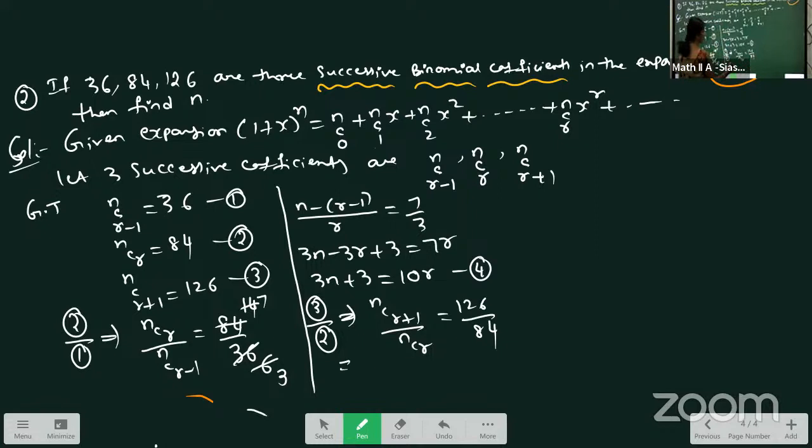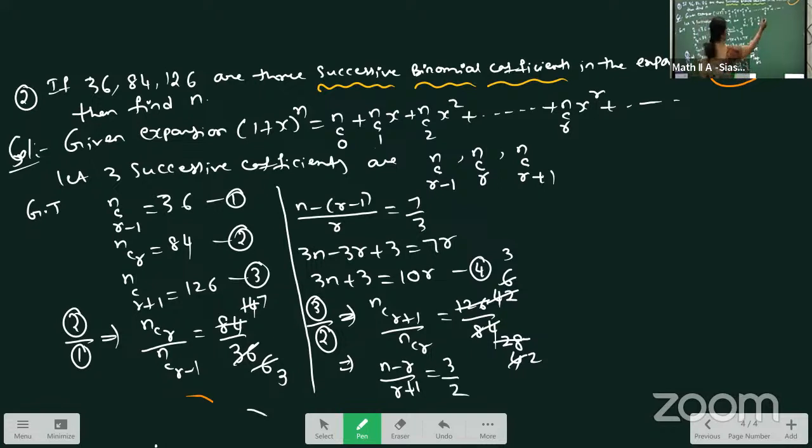As per the formula, this can be written as N minus R by R plus 1 is equals to, again cancel. So 3 by 2. Now cross multiply.